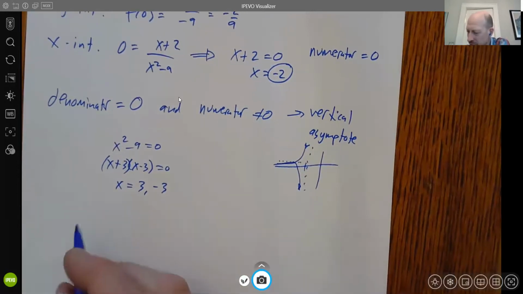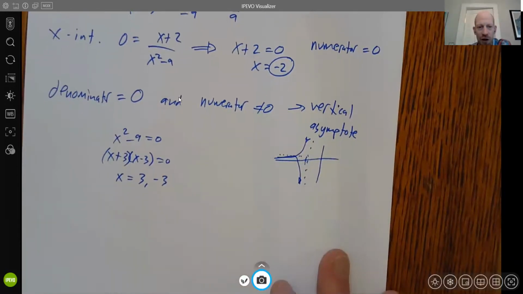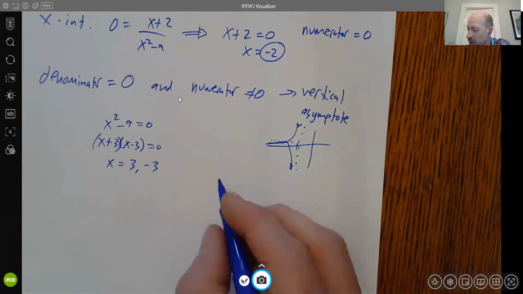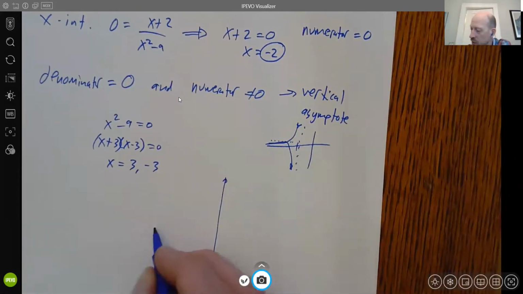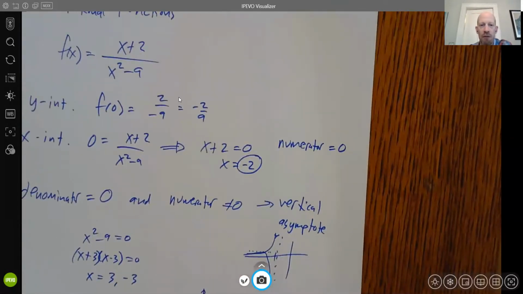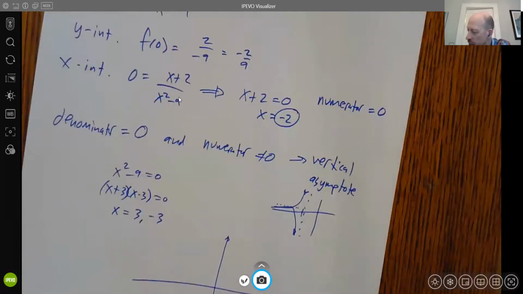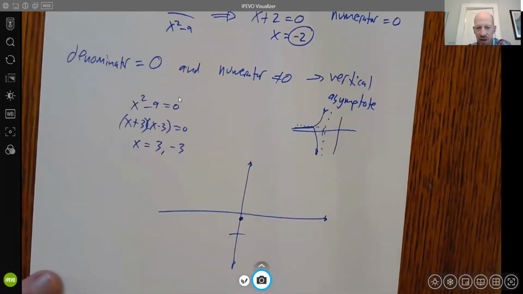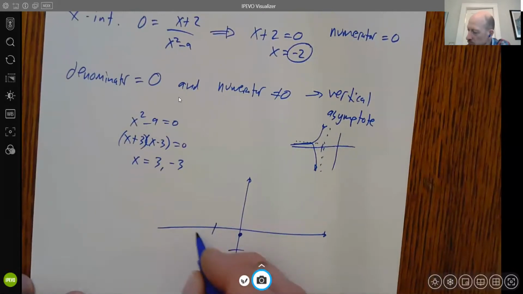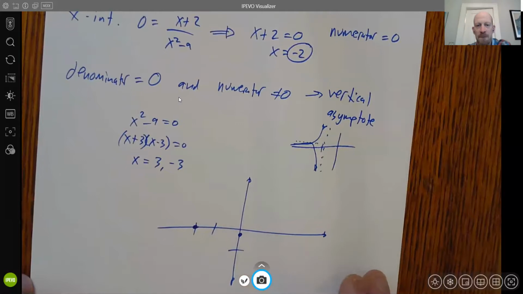So let's take a look at the information we have so far and try to come up with a rough sketch of what's happening with this function. I have a y-intercept of minus 2/9, which is somewhere in there. I have an x-intercept of minus 2, which is somewhere there.